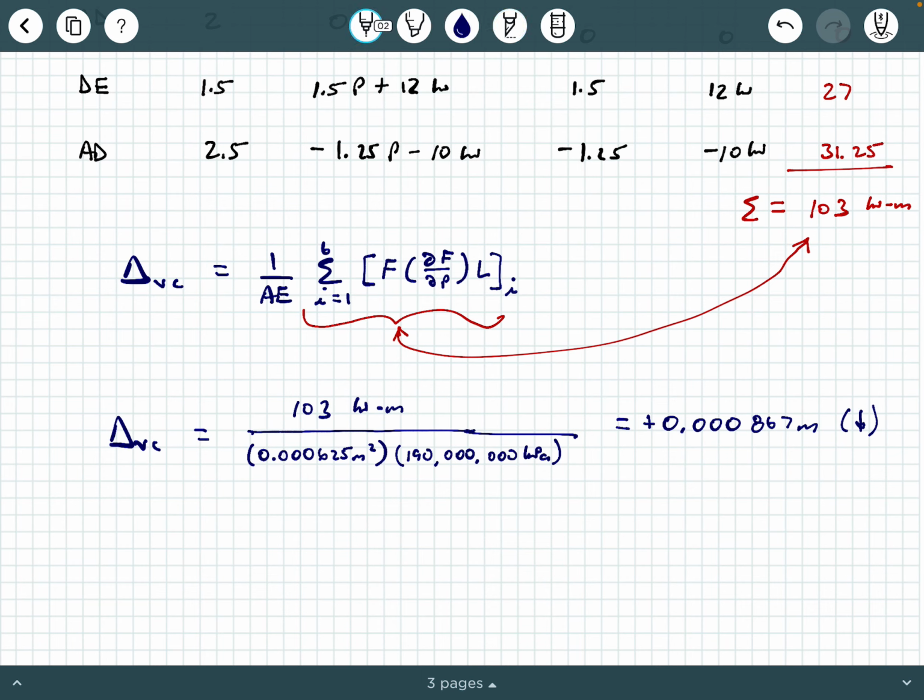Now, this is a small number in meters. What you could do is, if you had a problem that asked for specific units, you could repackage this as 0.867 millimeters, or you could repackage it as 867 micrometers.